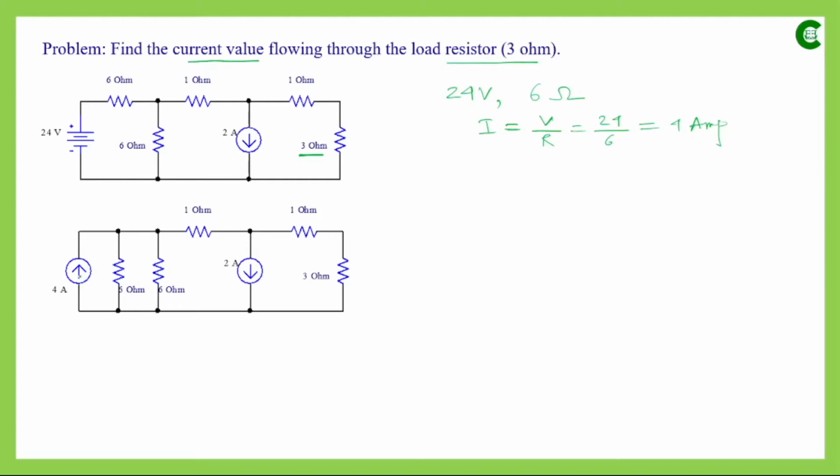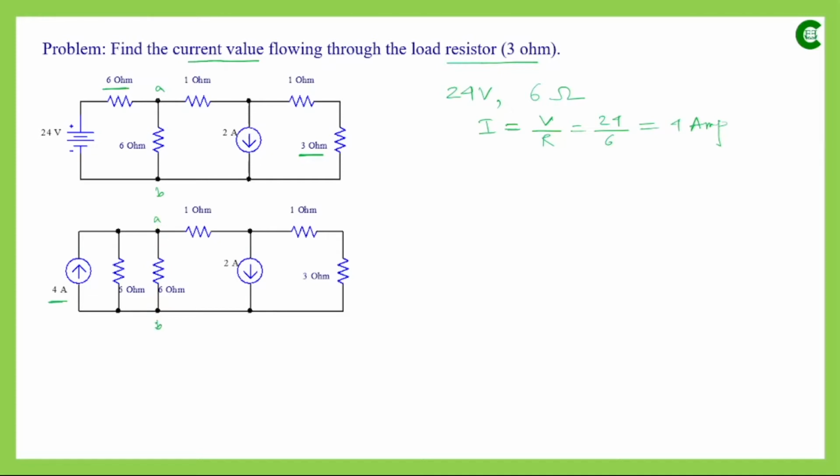This is the current source having value 4 ampere this time, and with that the 6 ohm resistor is connected in parallel. Already between these two terminals A and B we had a resistor of 6 ohm value connected, so that will remain in the circuit between these two terminals.